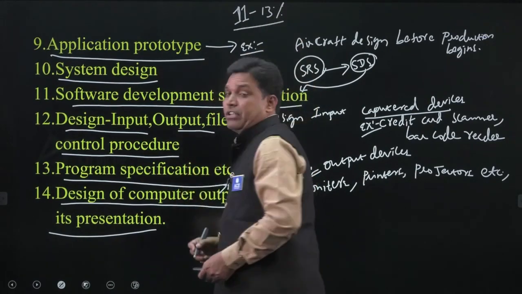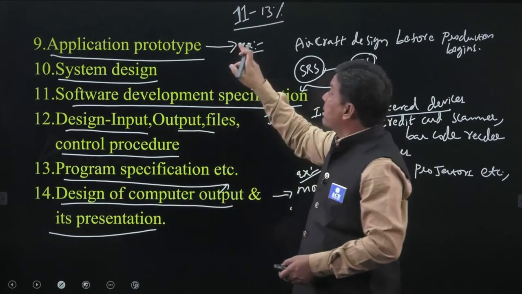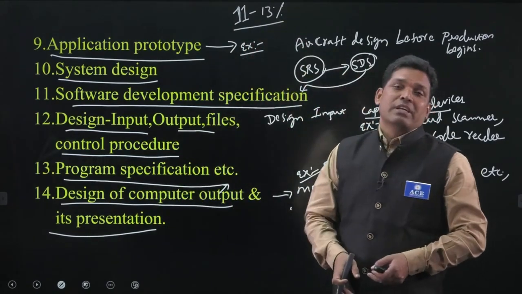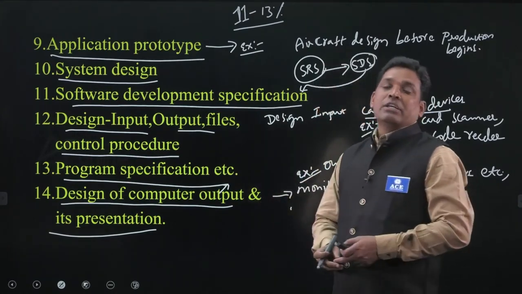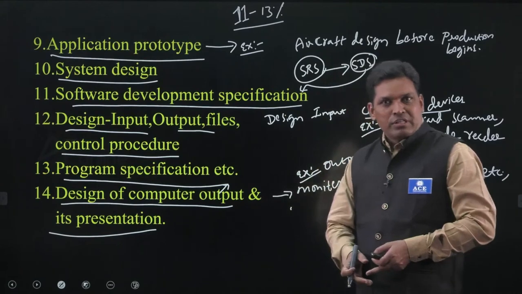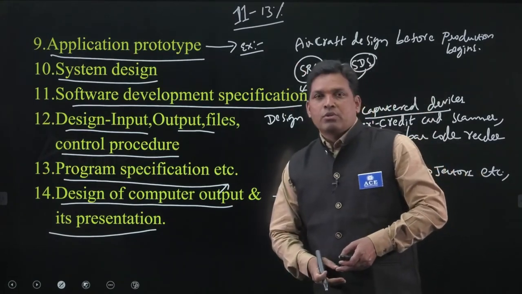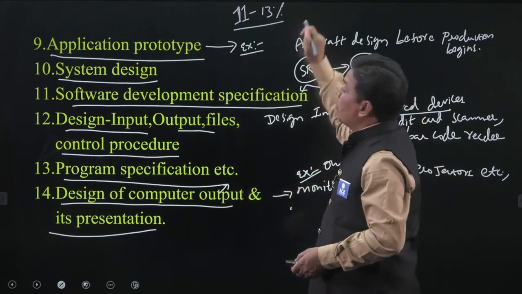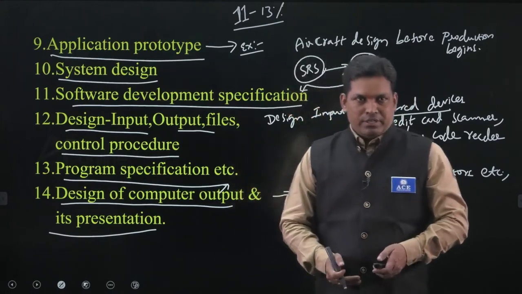So 11% to 13% of questions were asked from this subject, system analysis and design. RRB JE aspirants have to concentrate more and more on this subject so that you can score maximum marks. So this is about the syllabus and weightage of the system analysis and design subject.